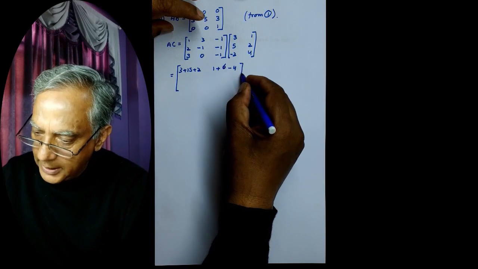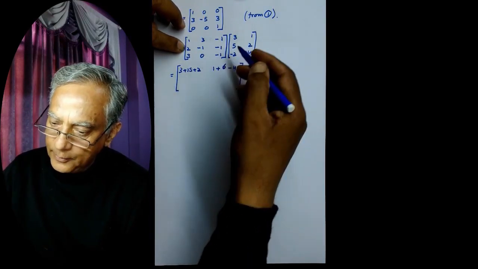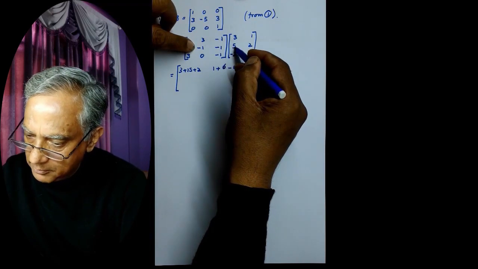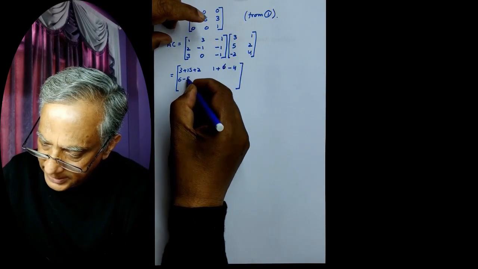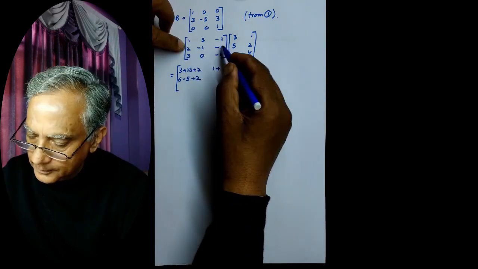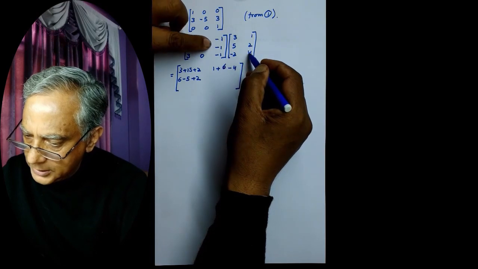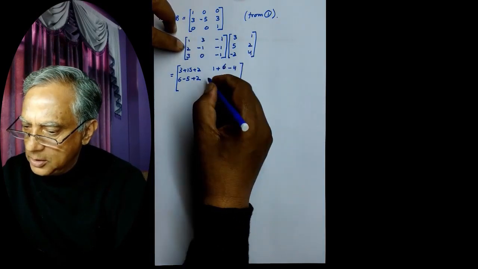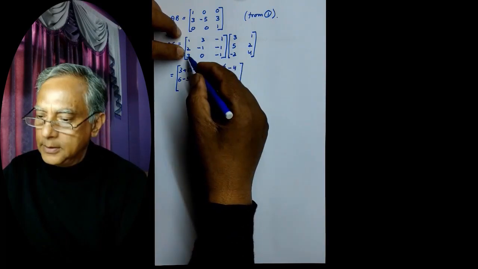Now all the columns have been multiplied. Now this with this. So this will be 6 minus 5 plus 2. This into this. 2 minus 2 minus 4.